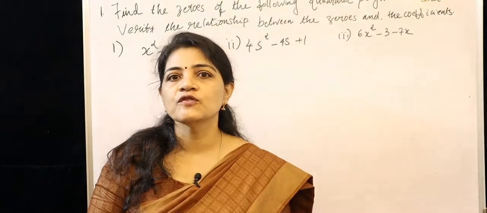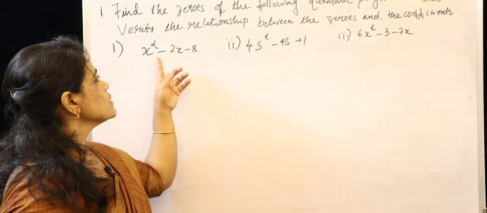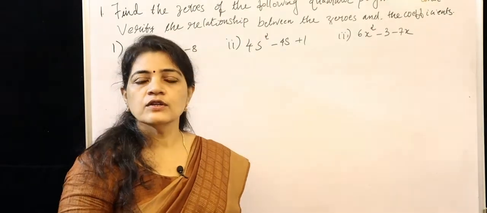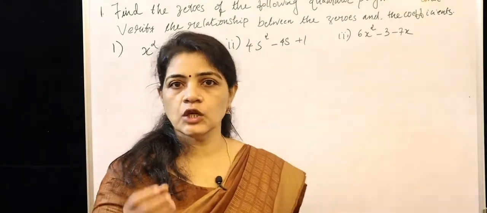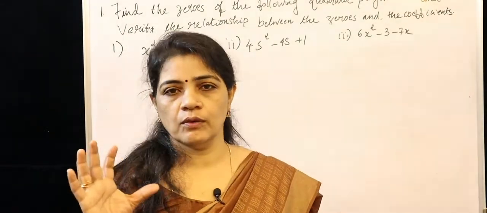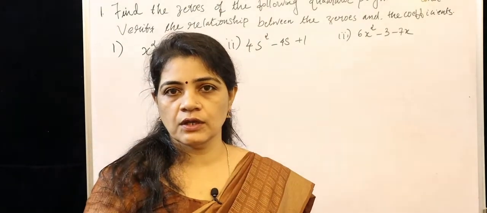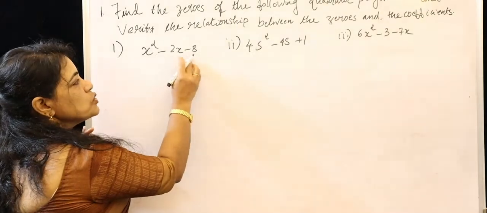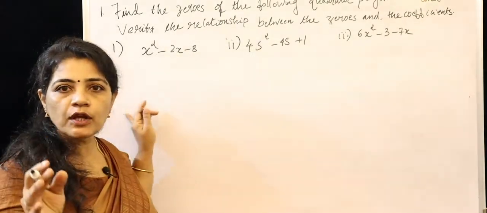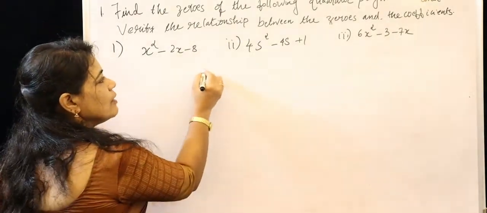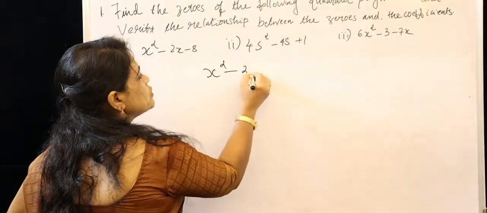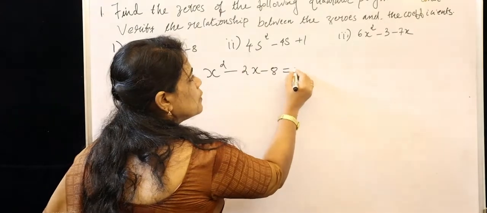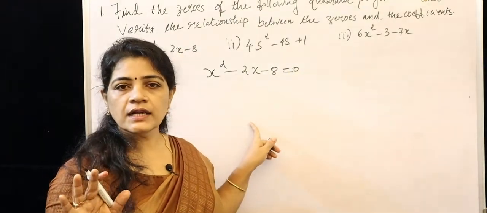Okay, so let us move to the first problem, that is x square minus 2x minus 8. In order to get the zeros, equate p of x to 0. See here, x square minus 2x minus 8 is the given polynomial, that can be equated to 0. Understood?